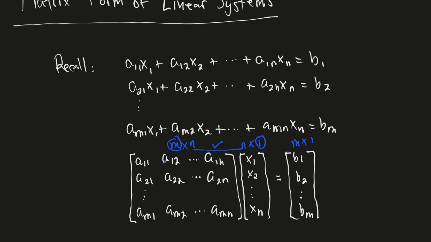So it seems like we have now another way of representing our linear system, where we have a matrix that's filled with the coefficients, a special matrix filled just with the variables, and another special matrix filled just with the constants.